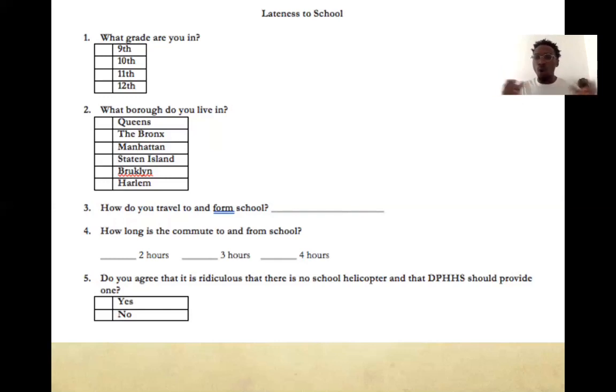I do not want the person doing the survey to feel restricted in their options. And question number 5 is a biased and leading question. Do you agree that it is ridiculous that there's no school helicopter and that DPHHS should provide one? Yes or no? It's a biased and leading question.